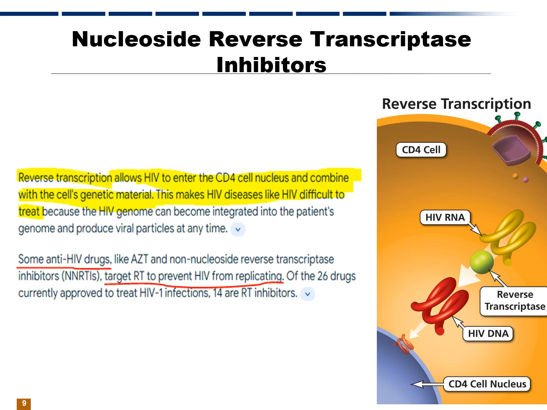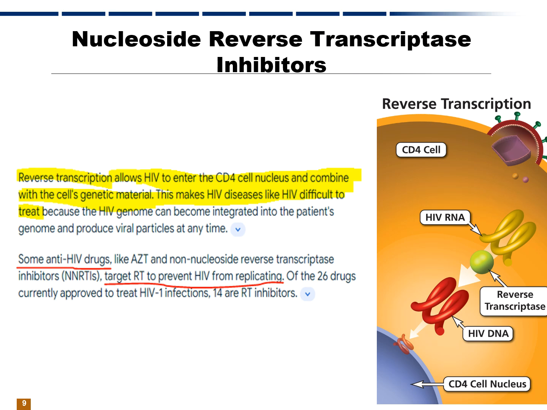This is one of the reasons that we use CD4 counts to tell us how the applicant is doing. If they're HIV positive and taking medications, it's because the virus enters these CD4 cells and attacks them. So medications are used to try to prevent the virus from using its reverse transcriptase to get into the CD4 cells.